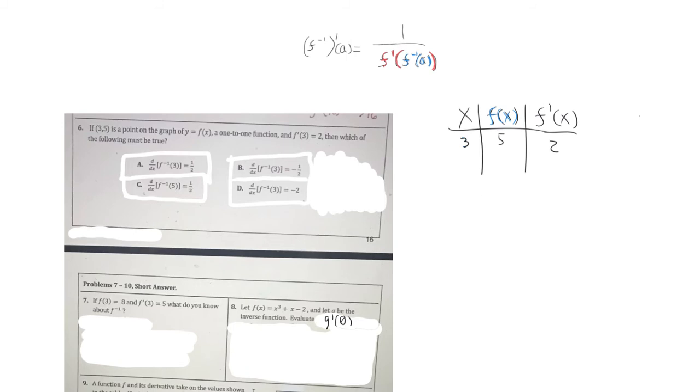It's kind of a shortcut approach, I would say. Get used to using these tables such that you can now create another table, only this time with the inverse of f of x and the derivative of the inverse of f of x. Now, what do we know about the inverse of f of x? Well, it's going to be the same x, y coordinates, except they're going to switch, 5 and 3.